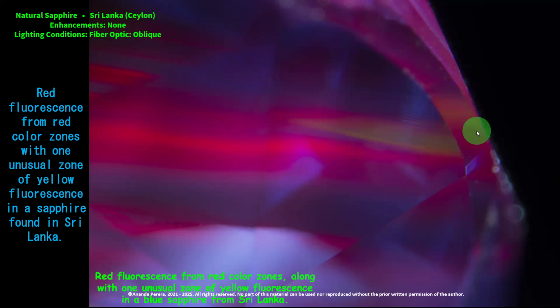You can see red color zones inside this stone. Red fluorescence from red color zones with one unusual yellow zone. Red and yellow colors give fluorescence in the sapphire found in Sri Lanka. It is also a natural Sri Lankan stone.